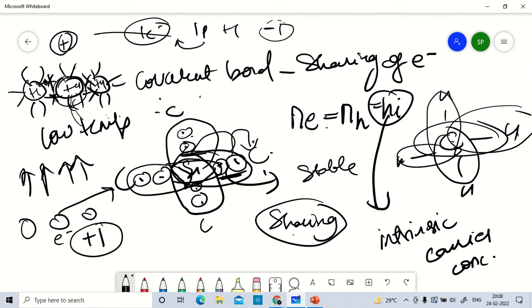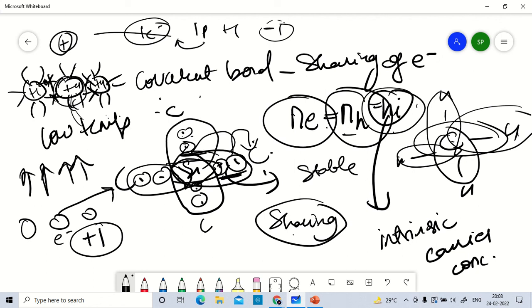When this minus q charge breaks free and moves out of the crystal lattice, it leaves a vacancy. This vacancy has an effective positive charge plus q. We call it a hole. So the number of free electrons Ne is equal to the number of holes, that is equal to Ni, the intrinsic carrier concentration.